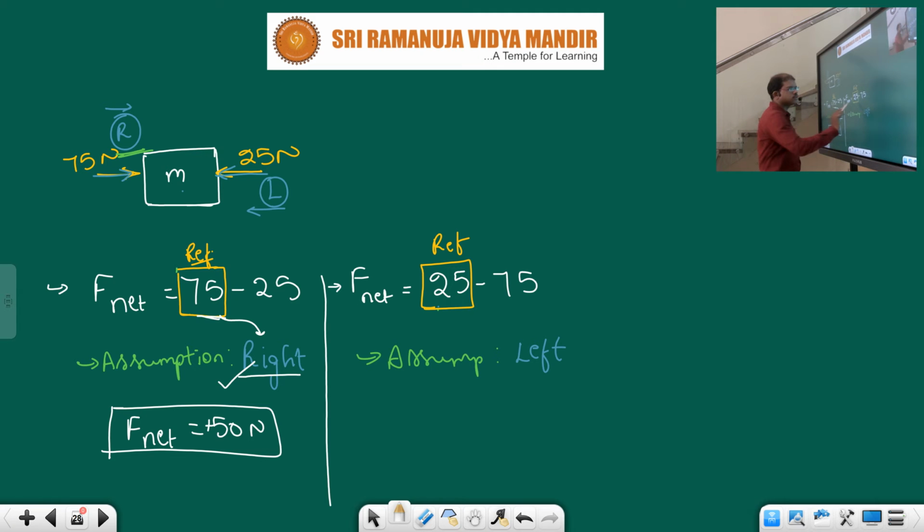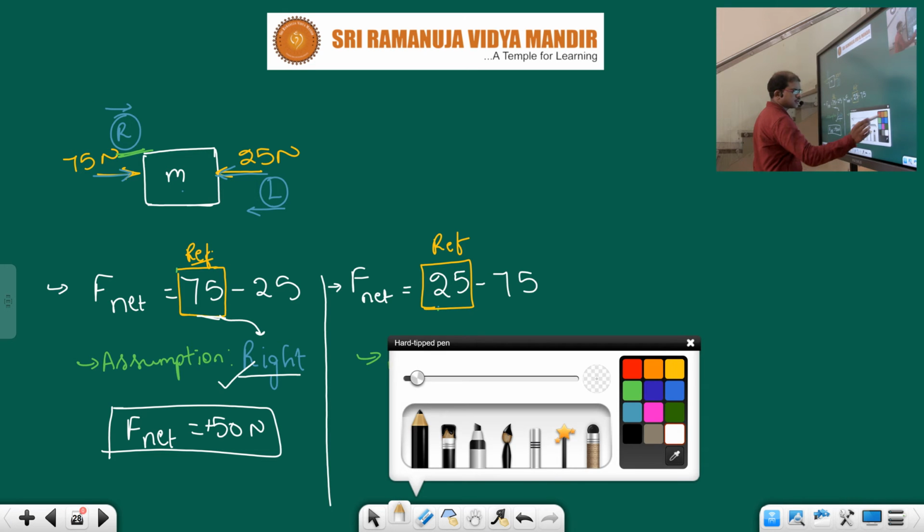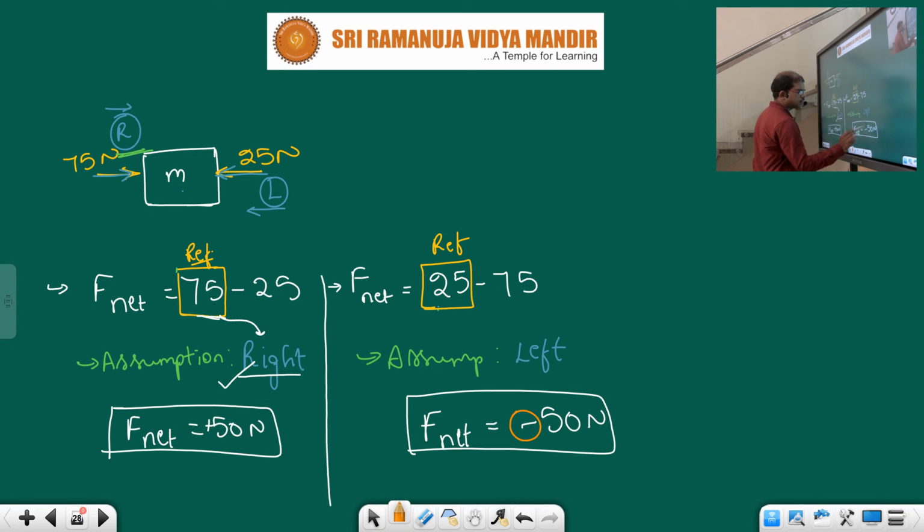Suppose you took 25 minus 75. Here what is the net force, children? 25 minus 75 is minus 50, right? Minus 50 newtons. Observe, children, here we got minus. What this minus represents is that we need to take the opposite of our assumption.